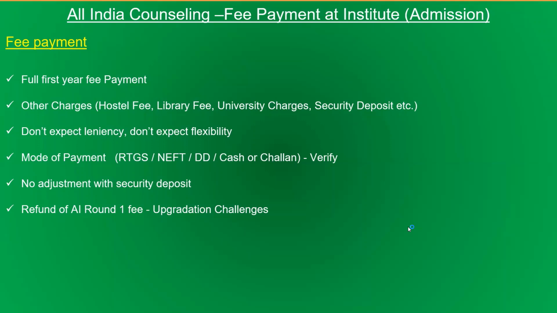If the refund would take more time than the joining time that you have during Round 2 upgradation, then plan for an additional first year fee payment as backup for the Round 2 joining. So ensure that you check in Round 1 institute, especially if you're joining a deemed institute, on how much time it takes to refund the first year fee payment if you get upgraded to a different institute in All India Round.